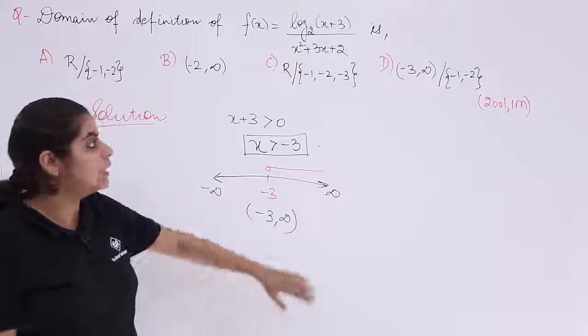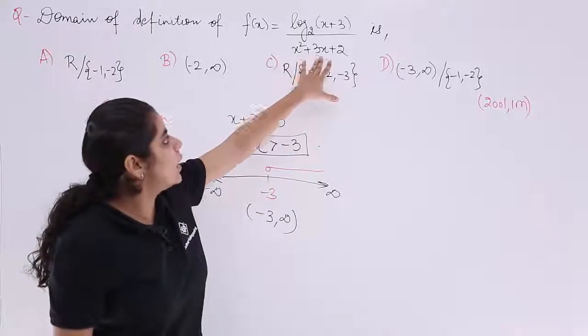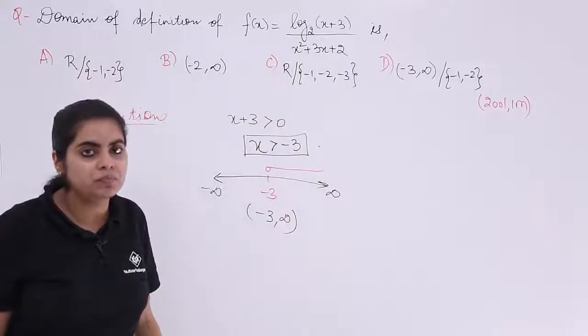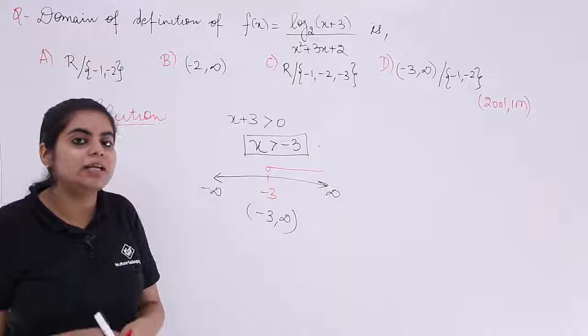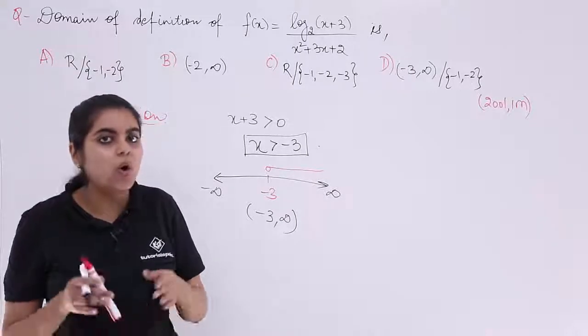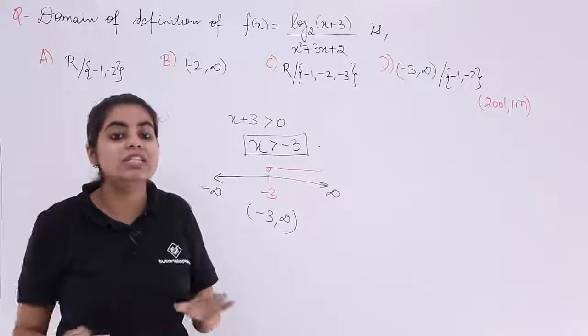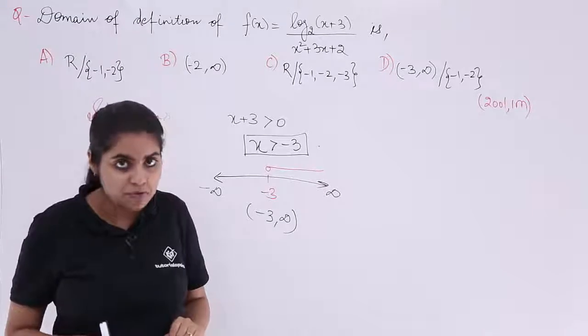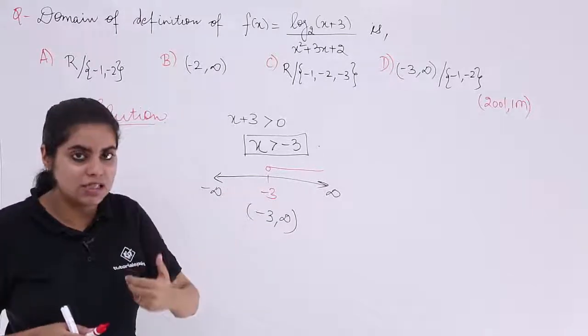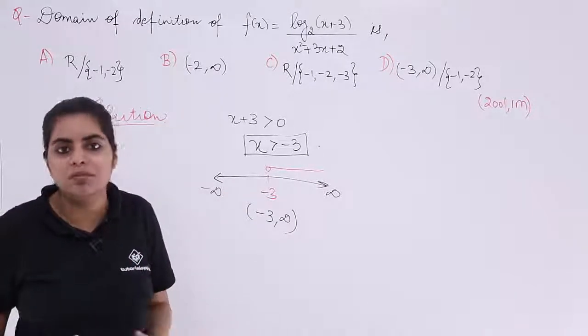What is the denominator? The denominator is x square plus 3x plus 2. I already know that a function is defined only when the denominator is not equal to 0. If I have the denominator 0, then the value is not defined.